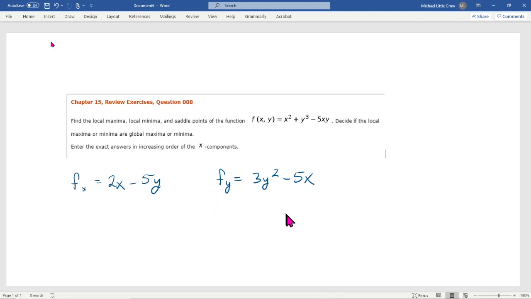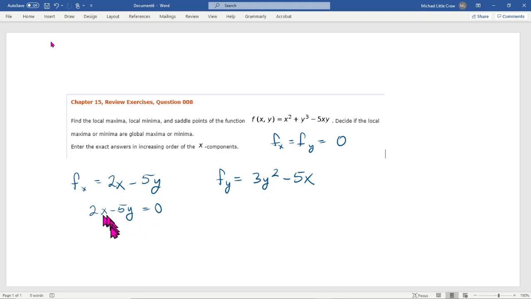Now these are both equal to 0, and so we can solve these simultaneously. We could solve this equation here, and remember, the partials being equal to 0 means that the slope at that point is 0, so we've got a minimum or a maximum.